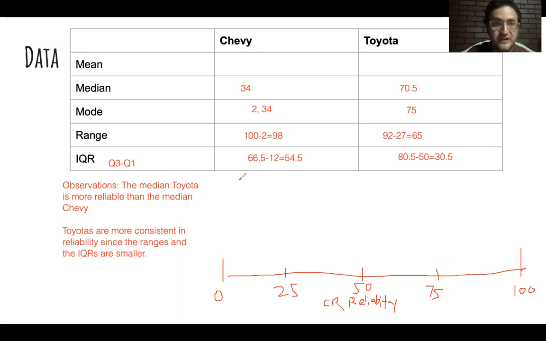And we'll go in color here. So maybe for Toyota, we will go green. Toyota makes lots of hybrids. So the median reliability for a Toyota is about 70.5, and the Q3 is about 80.5, and the Q1 would be 50 exactly.